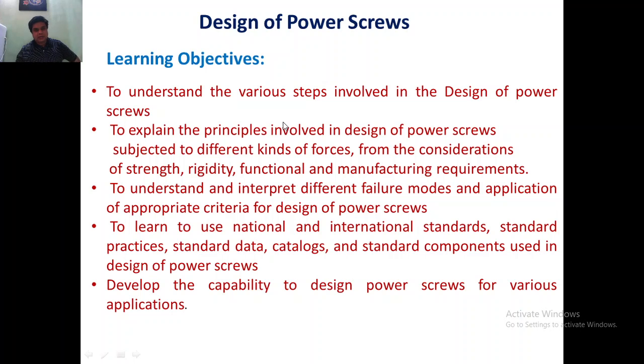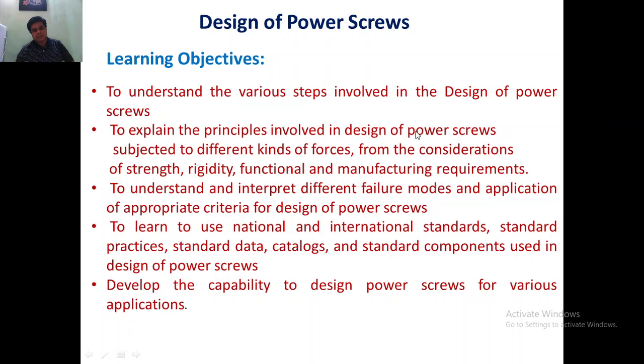All of you know that design is a process, and different steps are involved in the design of a particular element. Once you understand the steps, you can understand the principles involved in the design of power screws.